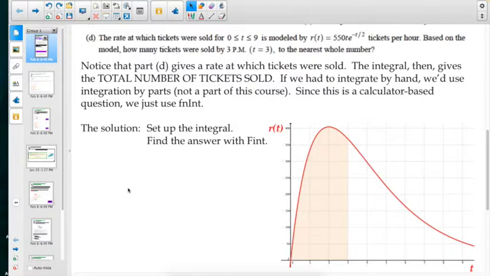Gotcha. Okay, makes sense. All right, so what did you get? It told me I have an error. Okay, put brackets around the power. Oh no, you don't have to do it. 550 times x.